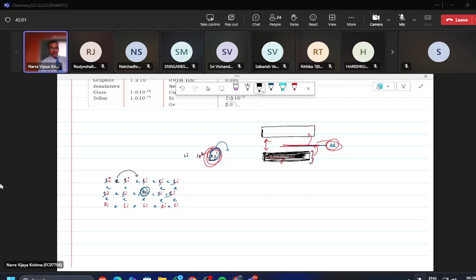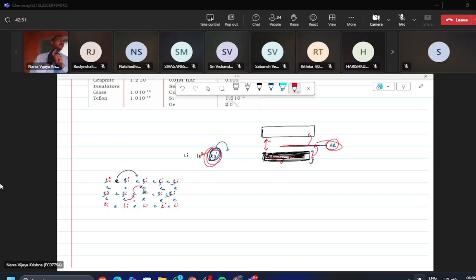Around aluminum only 3 are possible, but around silicon 4 are possible. That means one deficiency is there because of aluminum. If a deficiency exists, a neighboring electron can jump from here to that position. From here, another electron can jump into this position. Because of the deficiency also, electrons can move easily now.